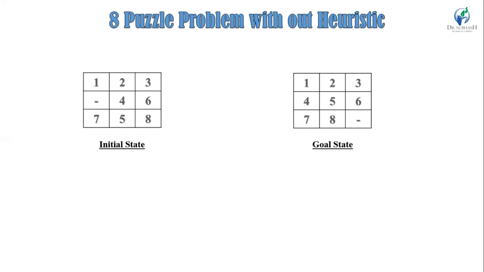With the help of blind search and legal moves, we can find the solution. So now we expand our problem with the help of blind search or uninformed search. So here we can see the initial state.